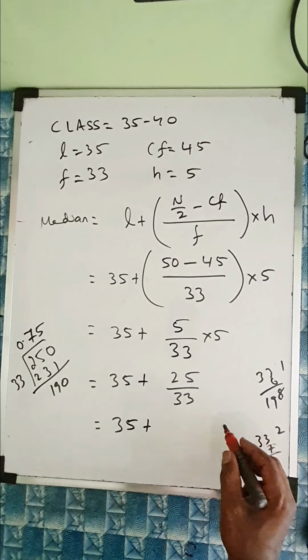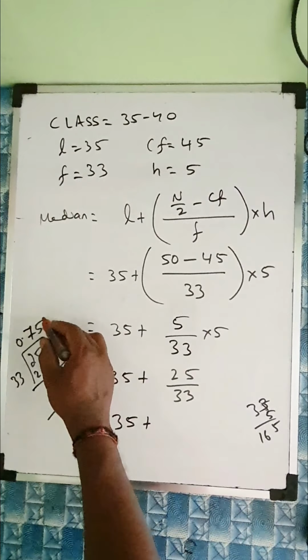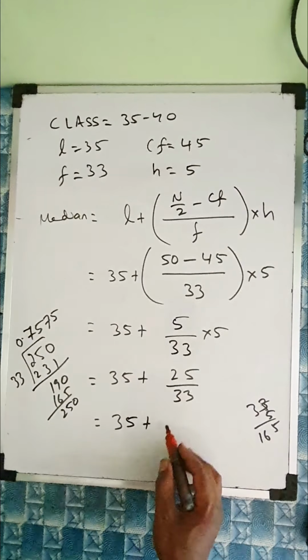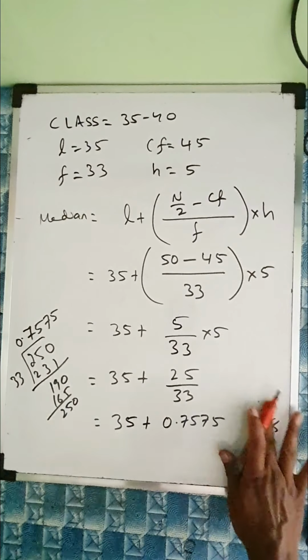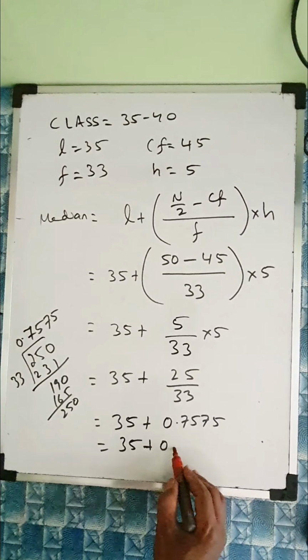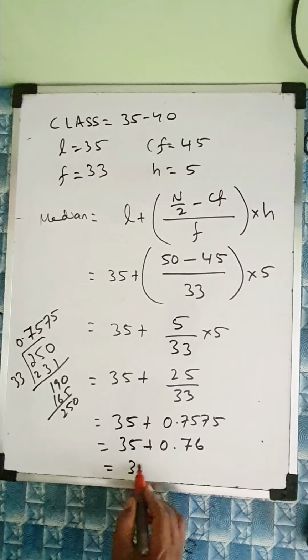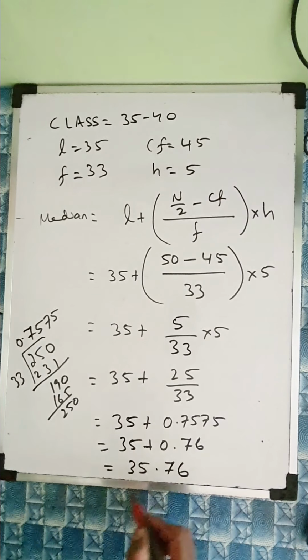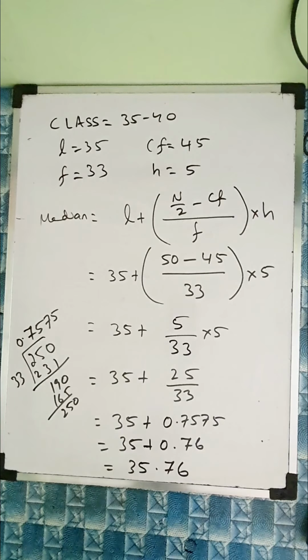So 33 into 5, again 7, again 5 will go like that. So I'll just make it 0.7575. Then we can write 35 plus 0.7, approximately 0.76. So we can add it, 35.76. So the median is 35.76. So that's over for this question.